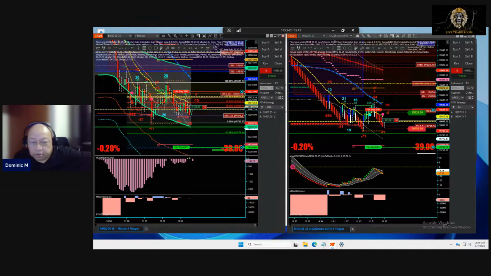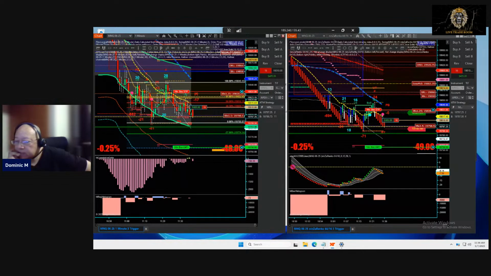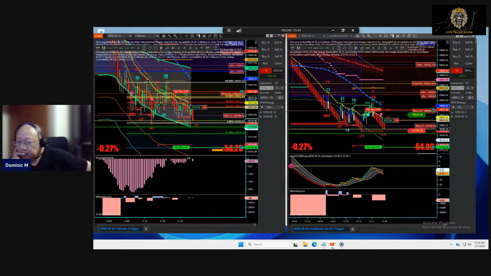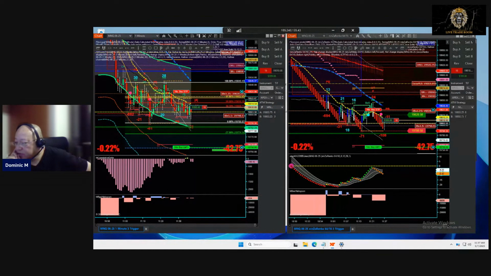See, well, I actually put nothing. It's bouncing off that structure there, that swing.